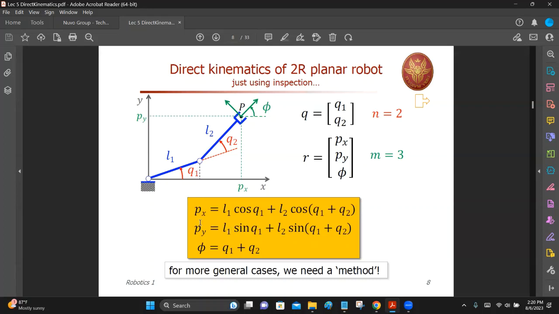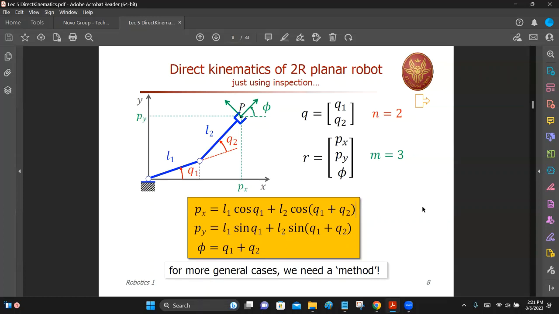And what about the vertical coordinate, py? Again, it is the sine form of the first equation: L1 sin Q1 plus L2 sin(Q1 plus Q2). Now, once you specify Q1 and Q2, you specify px and py, and not only that, phi is Q1 plus Q2. This total angle is the orientation. In this particular case, orientation is just one angle because it's a planar manipulator: on the plane, what is the angle from the horizontal direction.